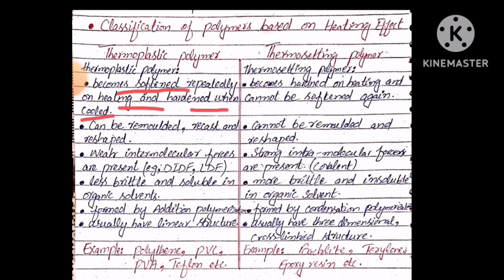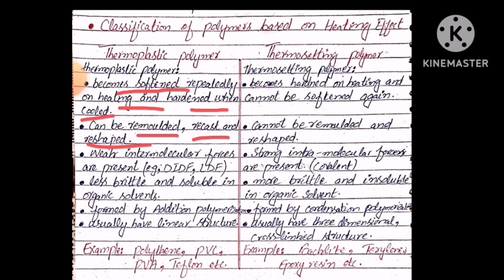Students, if a polymer is softened on heating, then what can we do? Yes, we can mold it, reshape it, recast it. So the second point is it can be remolded, recast and reshaped.